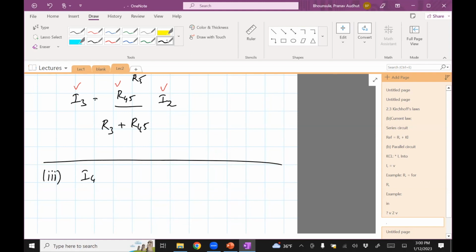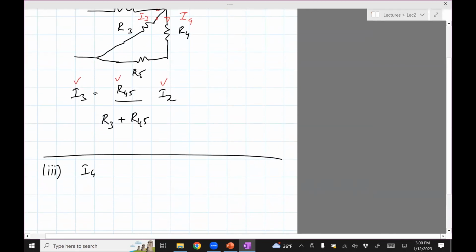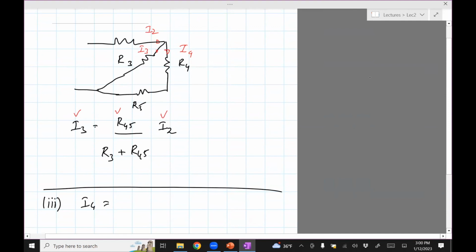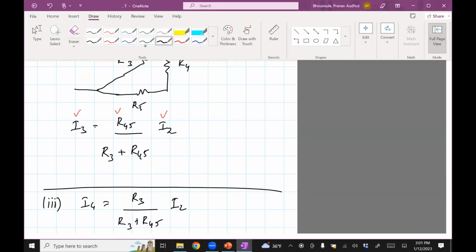For I4, we can again think of the current divider rule. Just like I wrote the current divider rule for I3, I can write this as some fraction of I2, because I2 is the current flowing inside. So the fraction is going to be R3 divided by R3 plus R45. And that's it. That's the answer.